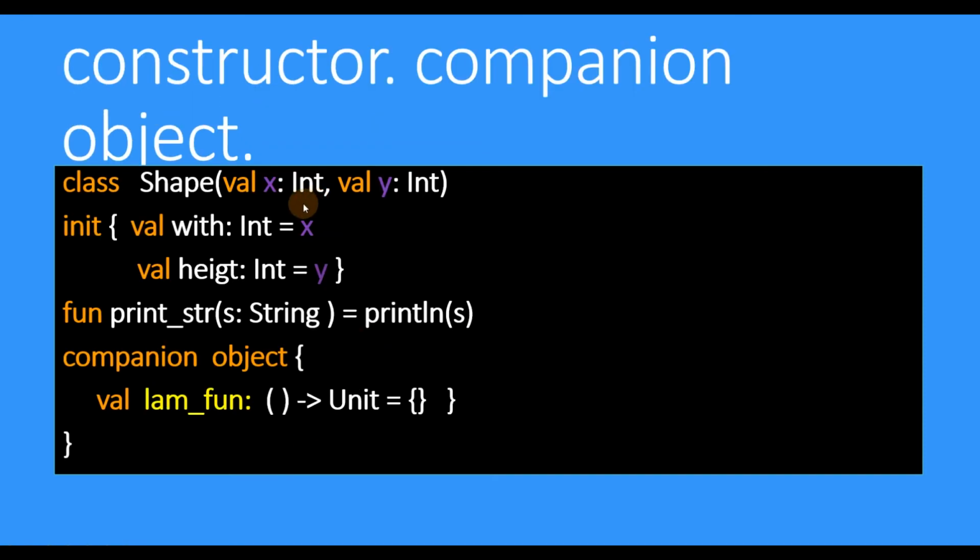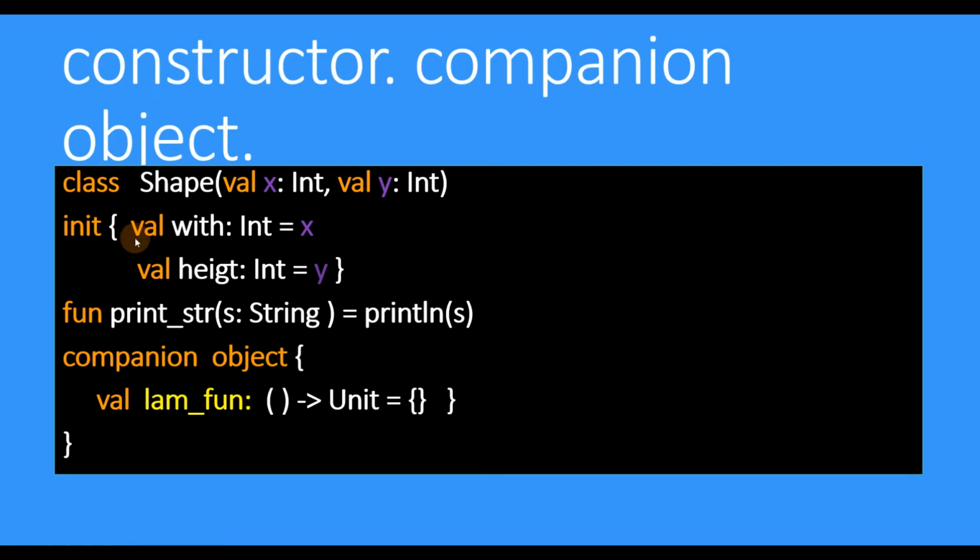And then the constructor and companion objects. So a class can have, as I said, a primary constructor, and we can add initializer blocks inside of that class.